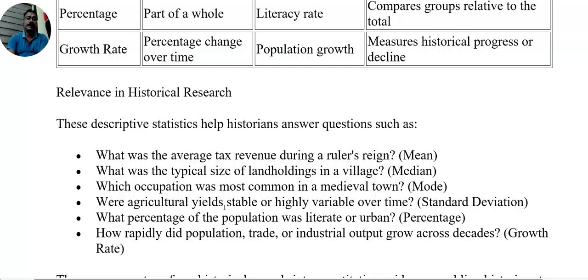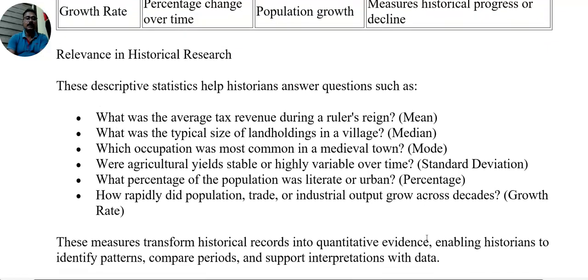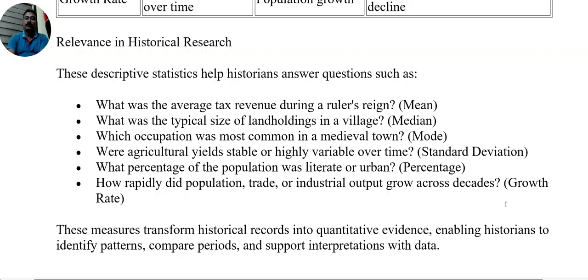Were agricultural yields stable or highly variable over time? We have to apply standard deviation, this formula. What percentage of the population was literate or urban? Percentage. How rapidly did population, trade or industrial output grow across decades? We have to apply the growth rate.